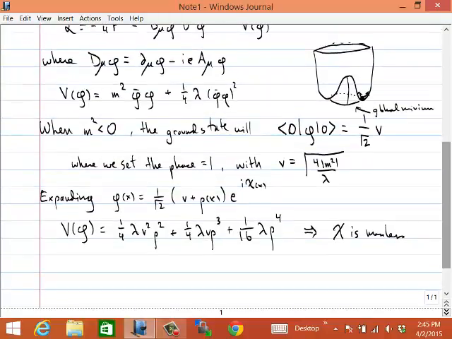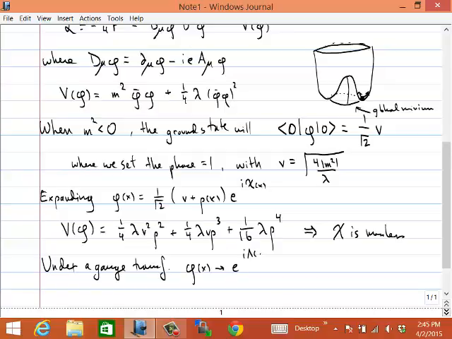Now, what happens now that we've coupled this theory to electromagnetism? Electromagnetism has a gauge symmetry, and under a gauge transformation, phi goes to phi times an arbitrary function of x, e to the i lambda, where lambda is the gauge parameter.